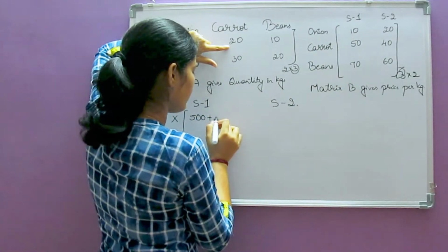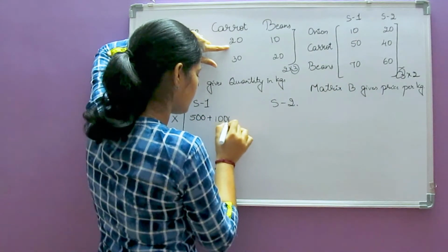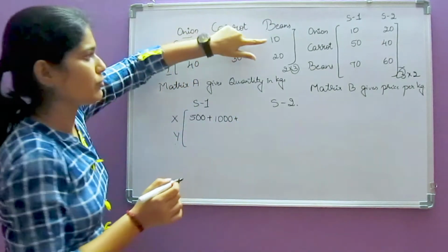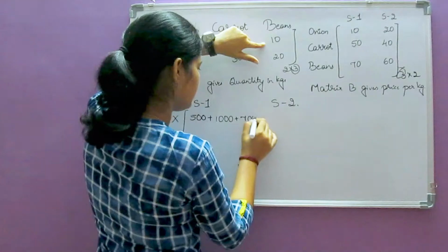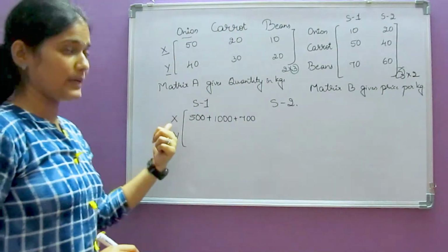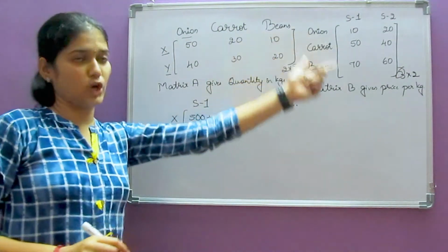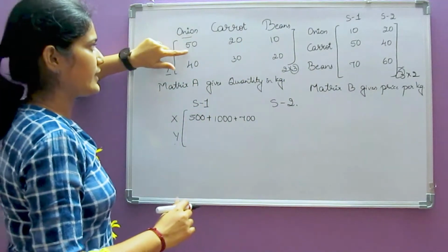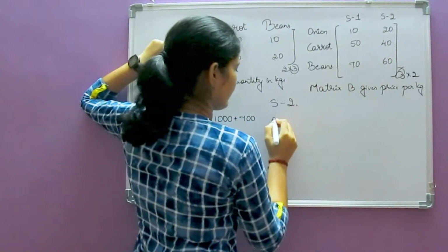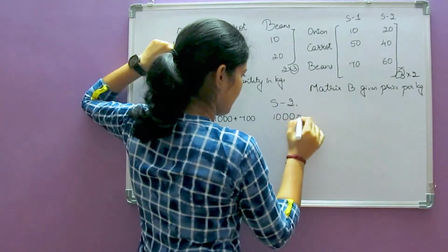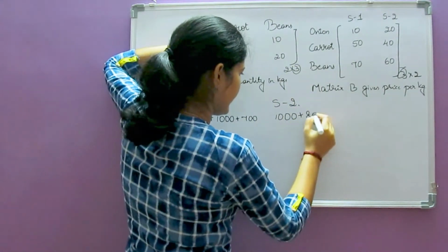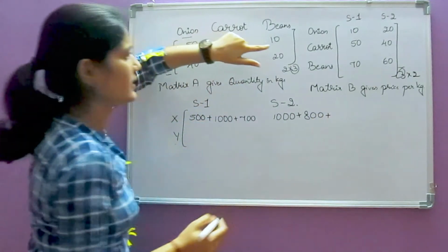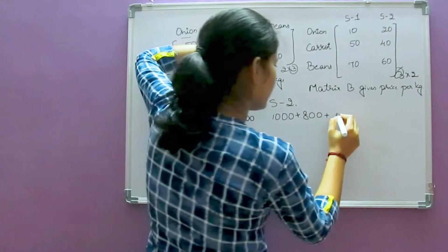So it will be 1000 for carrot. Then for beans it will be 10 into 70, that is 700. Similarly, if person X buys his products in shop 2, then we will get 50 into 20, that is 1000, plus 20 into 40, that is 800, plus 10 into 60, that is 600.